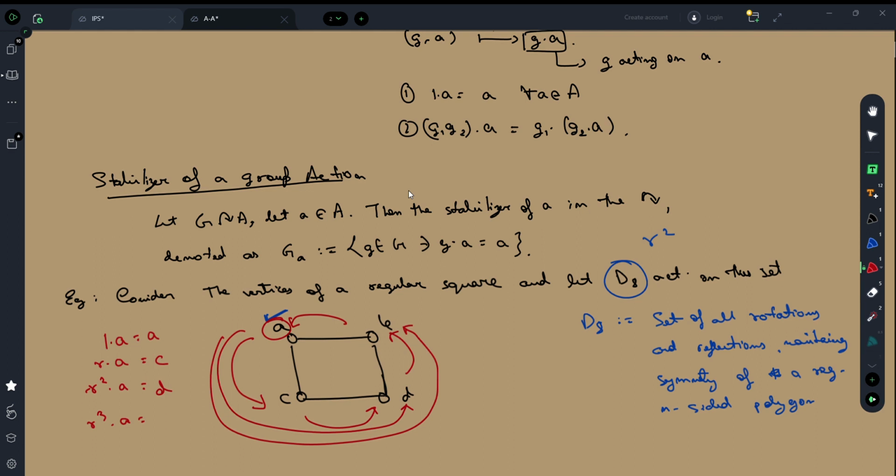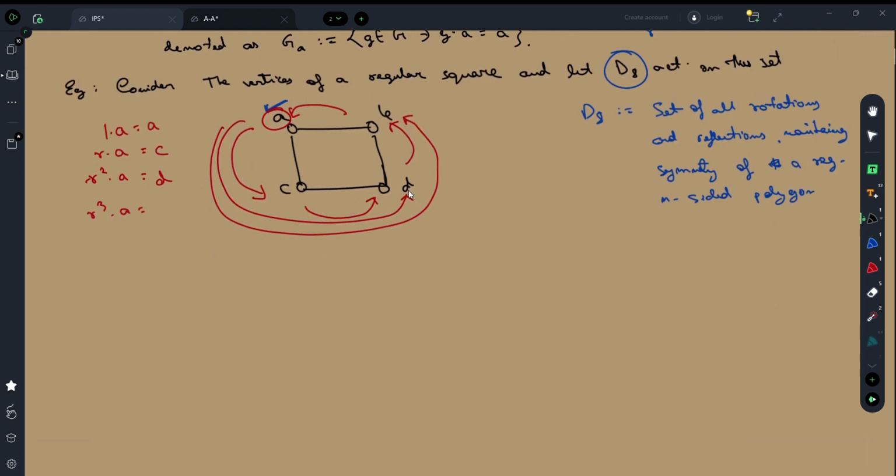What I want to ask is, what should be the stabilizer of any of the vertices for this action?